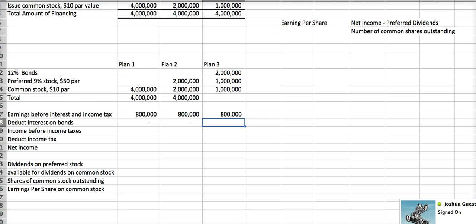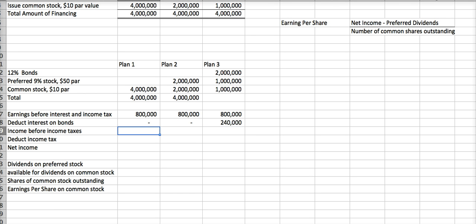We're going to be looking at this whole plan on an annual basis, so we can just say $2 million worth of bonds times the 12% annual interest rate, and that gives us our interest expense for the year. So we'll say equals 2 million times 0.12, and that gives us $240,000 a year for interest that we have to pay to those bondholders.